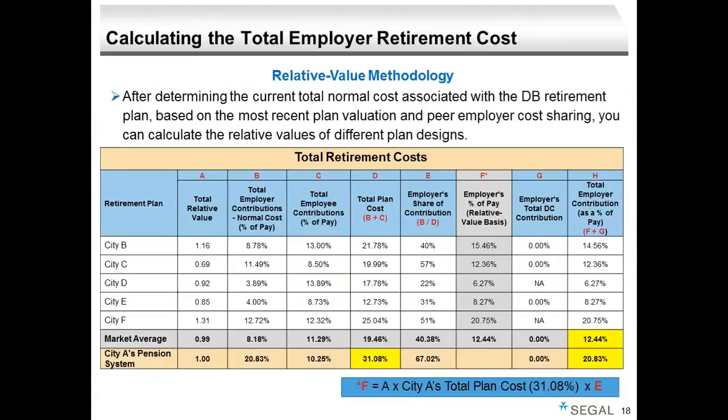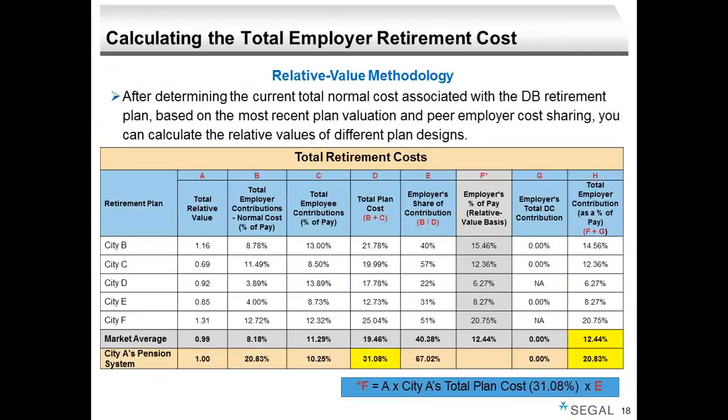The next slide looks somewhat like the health benefits slide. Column A is the relative value. So just as we have a modeling tool to look at the relative value of health benefit plans, we have a similar tool that examines that for retirement benefits as well.